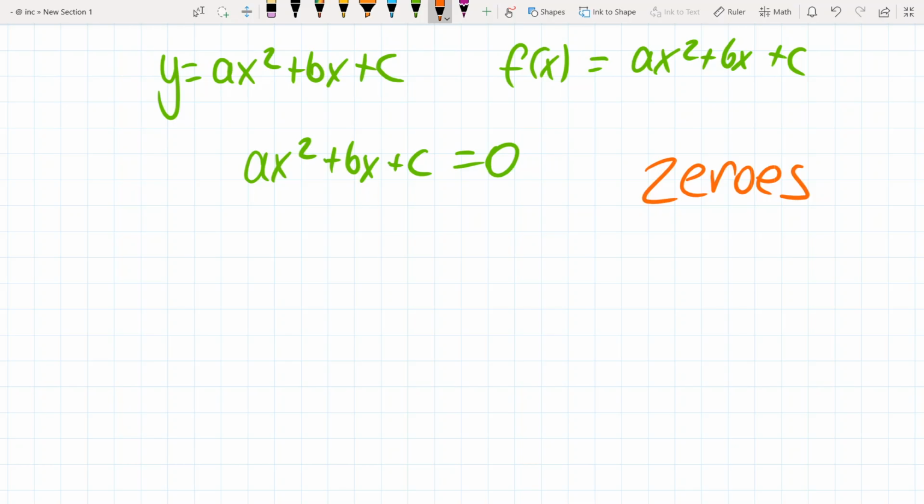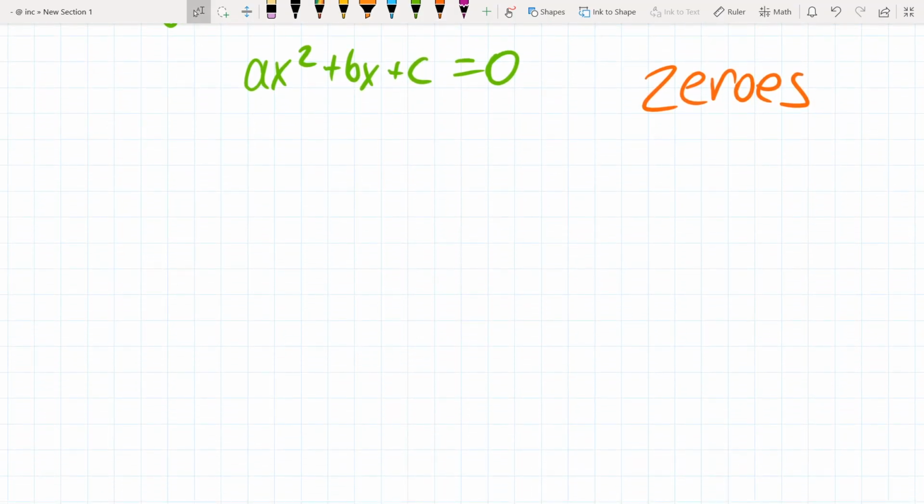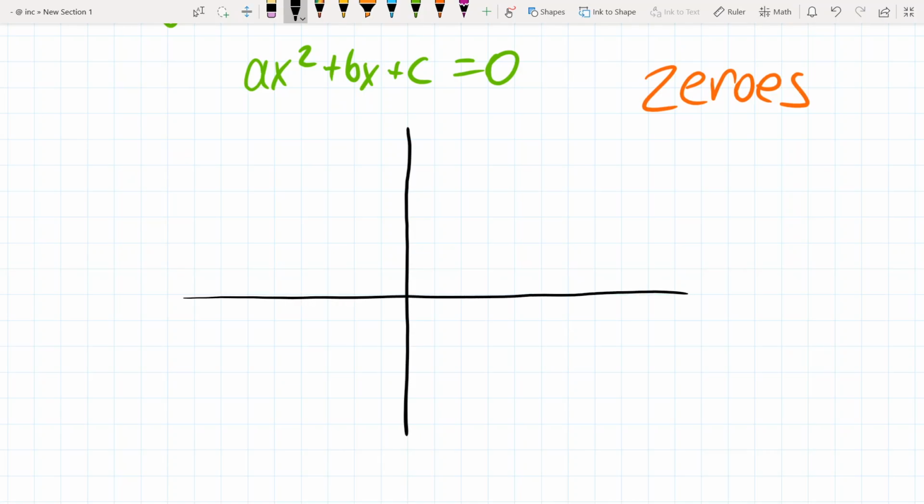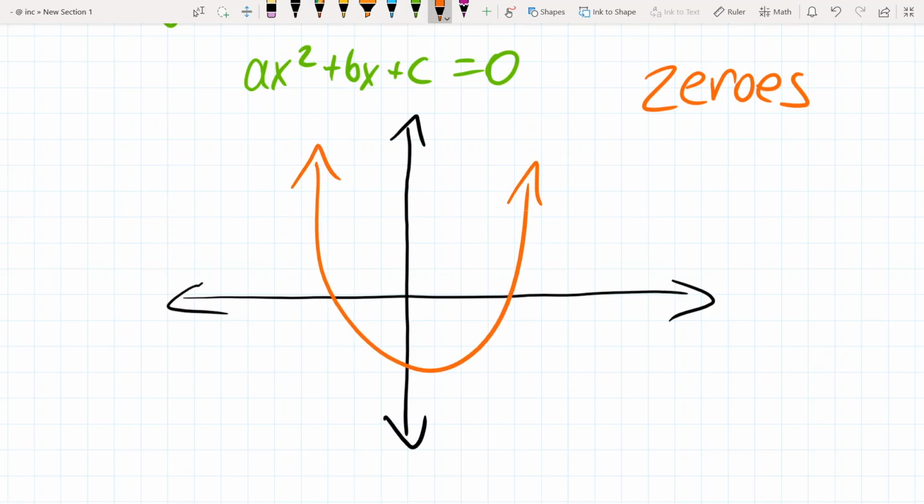It's good to sketch a graph here and take a look at what this actually looks like. If we draw a coordinate plane, and I'm not even going to mark this with numbers, just a quick sketch. Let's say we have a parabola that looks like this. Try to see if you can point out where the solutions or the zeros of this graph are. Hopefully, you pointed out this point and this point.